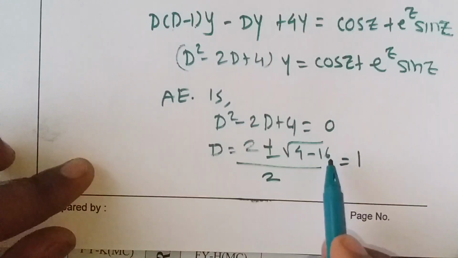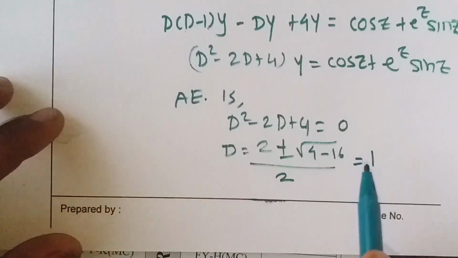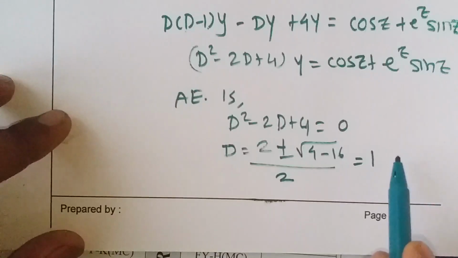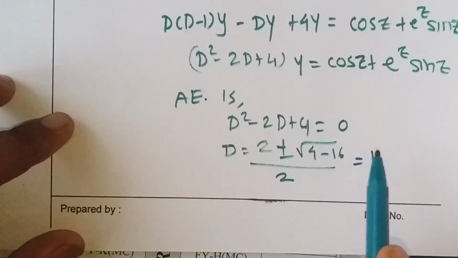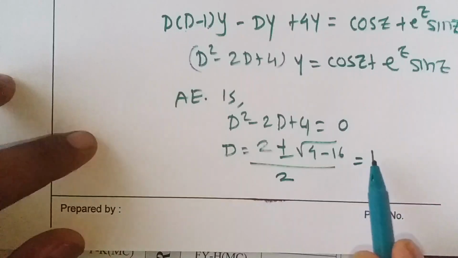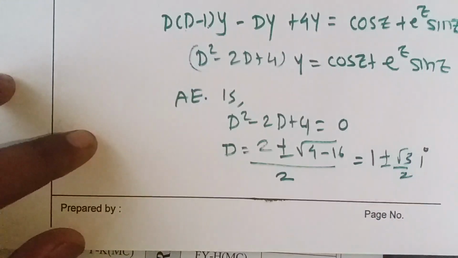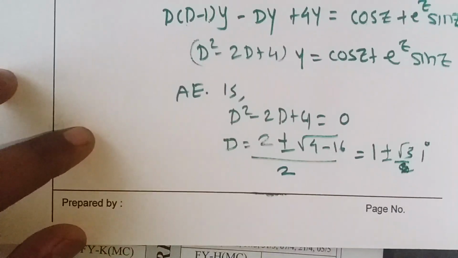Minus 12 can be written as minus 4 into 3, and the root of minus 4 is 2i. So 2 will get cancelled, and it will be 1 plus minus root 3 i. So these will be the roots.